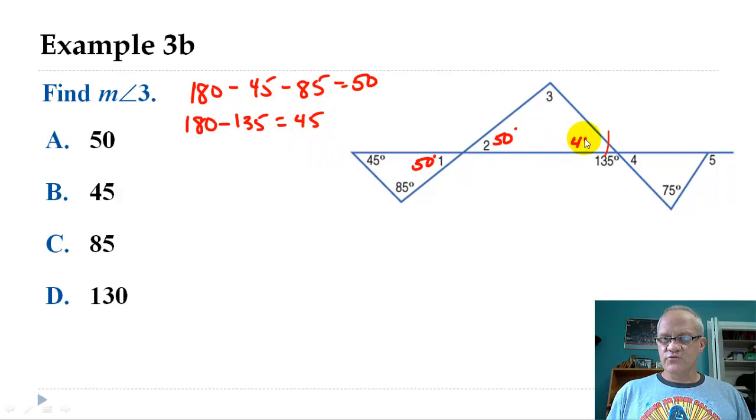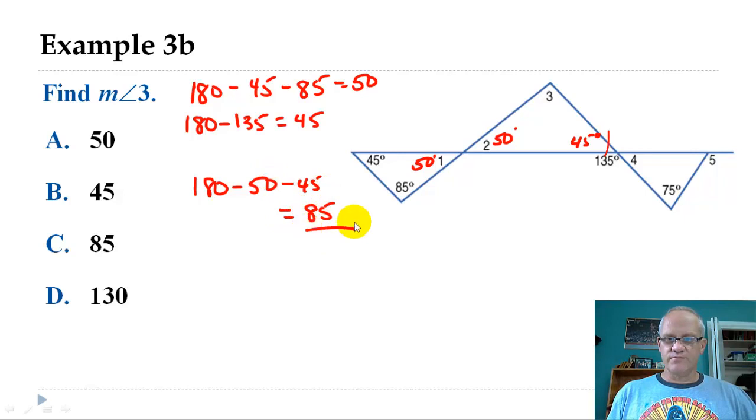And now that I've found those two, to find angle 3, all I would have to do is 180 minus 50 minus 45, and that should equal 85. Okay, you see that? And so, magical bouncing ball, 85. All right, we got it.